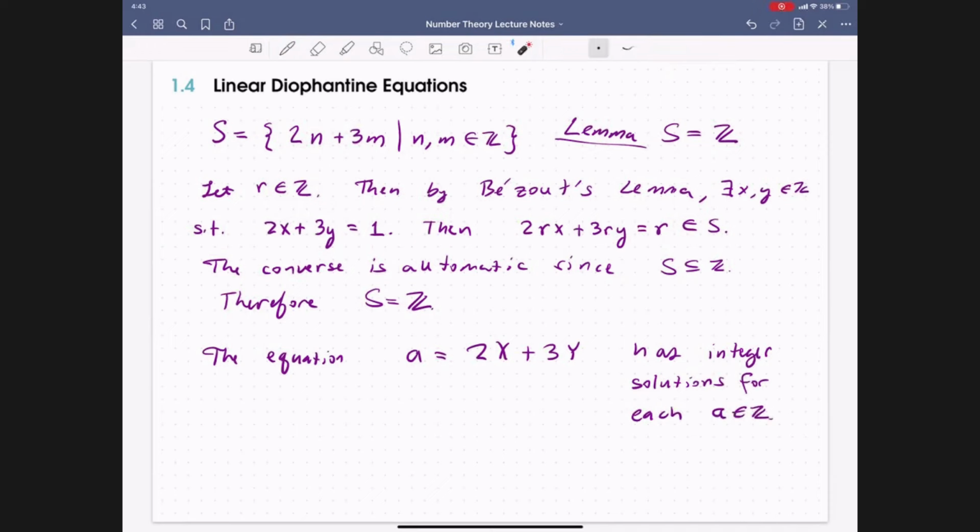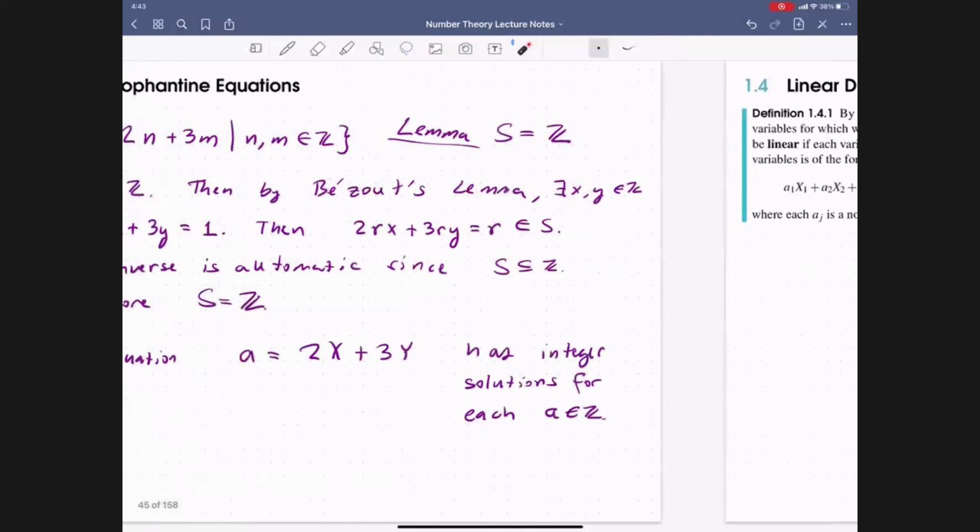And this is the foundation of what we're going to be looking at for linear Diophantine equations. So specifically, here's the definition that we will be using.